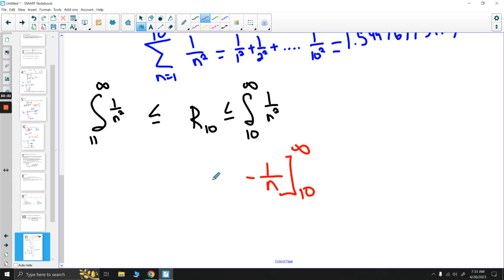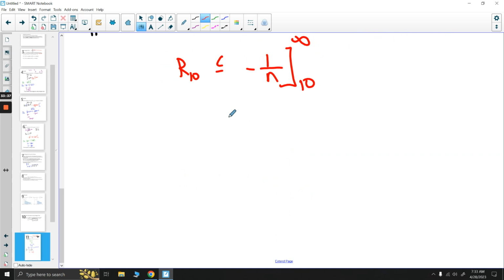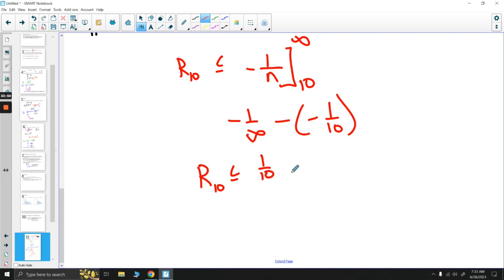And again, our remainder is less than or equal to this value. So that is negative 1 over infinity minus negative 1 over 10.